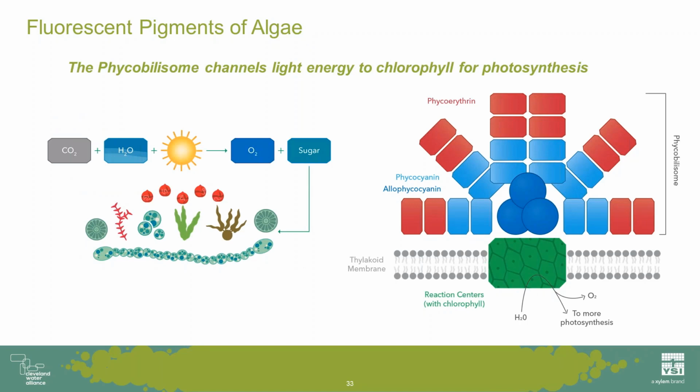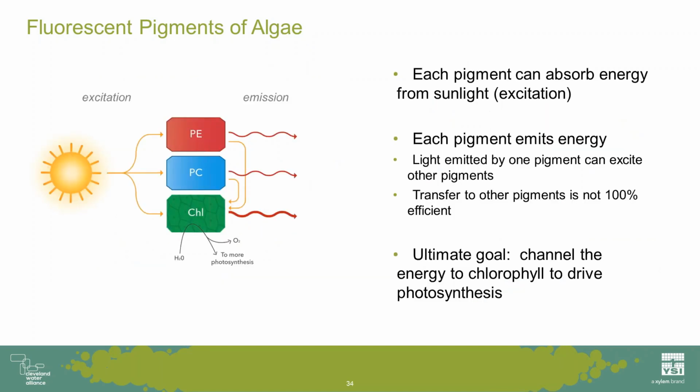The pigments are integral to the high rates of photosynthesis that blue-green algae can achieve, so that when they have all other critical nutrients, such as phosphorus and nitrogen that we hear so much about, they can grow in a way that outpaces other types of algae in a system. These pigments do all the things we said fluorescent molecules can do. They can selectively absorb specific wavelengths of light from the sun. They will lose some of that as heat.